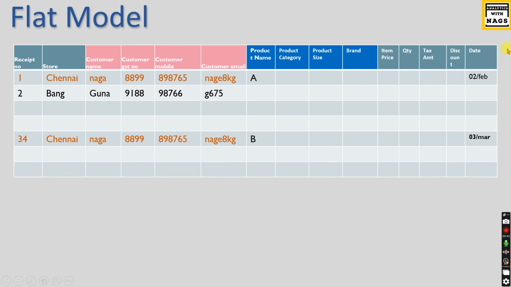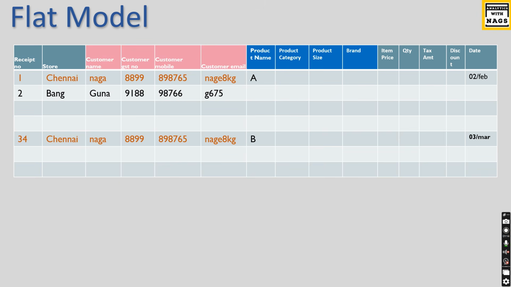Let's assume your sales data: you can see your sales transaction, like receipt number, store, and again these are related to your transactions, your customer and product. All this information is stored in a single table, which is a flat one, right? This is what a flat model is. If you are organizing all your data in a single table, that is considered your flat model.